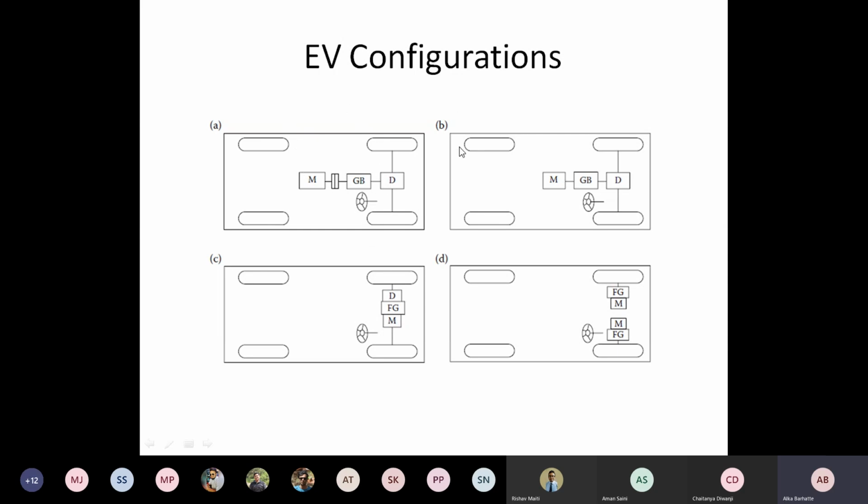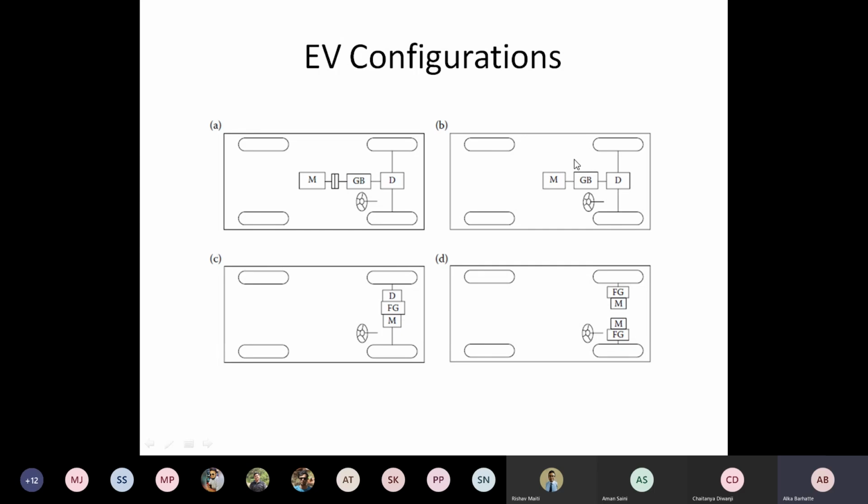Then it has been modified where there is no need of clutch plates. The motor can be controlled through programming, and there is no need of these clutch plates. Basically, a clutch plate is required to engage and disengage, and that can be done by controlling your motor.